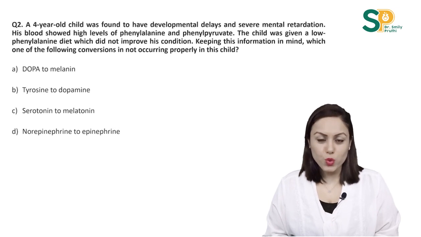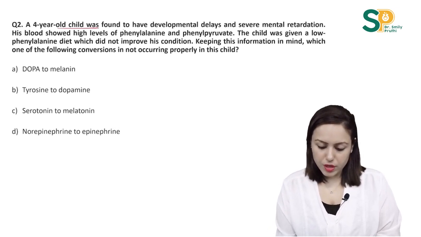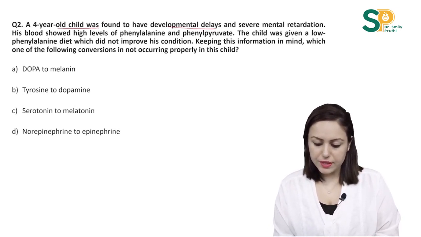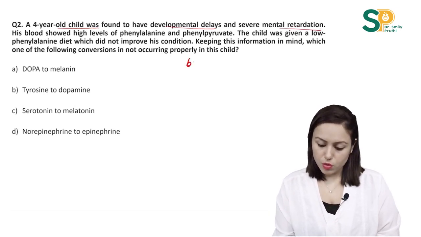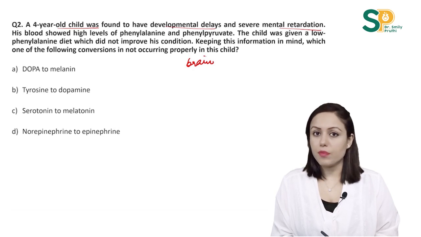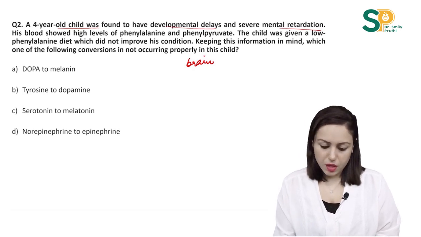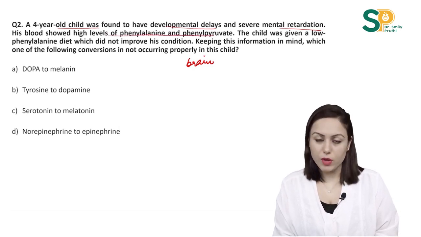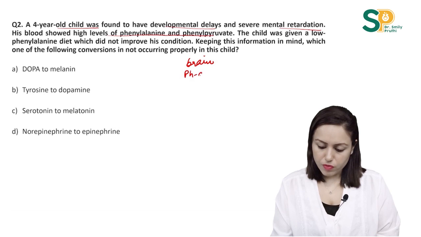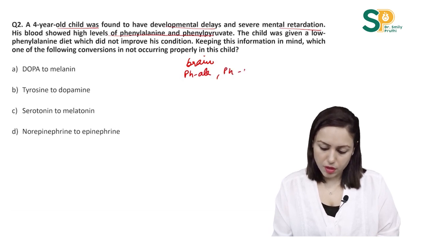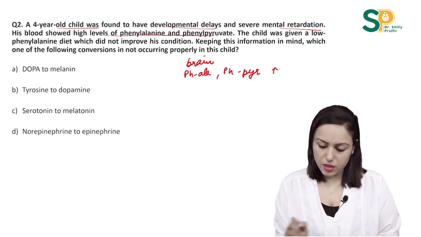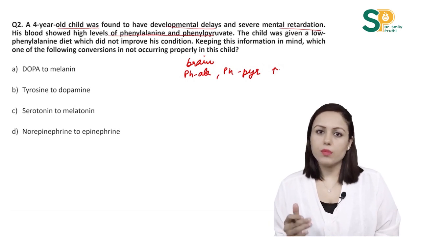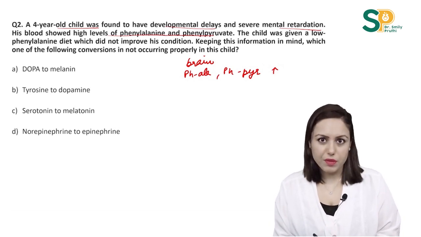Coming to question number 2, a 4-year-old child was found to have developmental delays and severe mental retardation. So, the brain is affected and the patient has mental retardation. His blood showed high levels of phenylalanine and phenylpyruvate. So, phenylalanine and phenylpyruvate are increased. So, it's looking like a picture of phenylketonuria only, right?